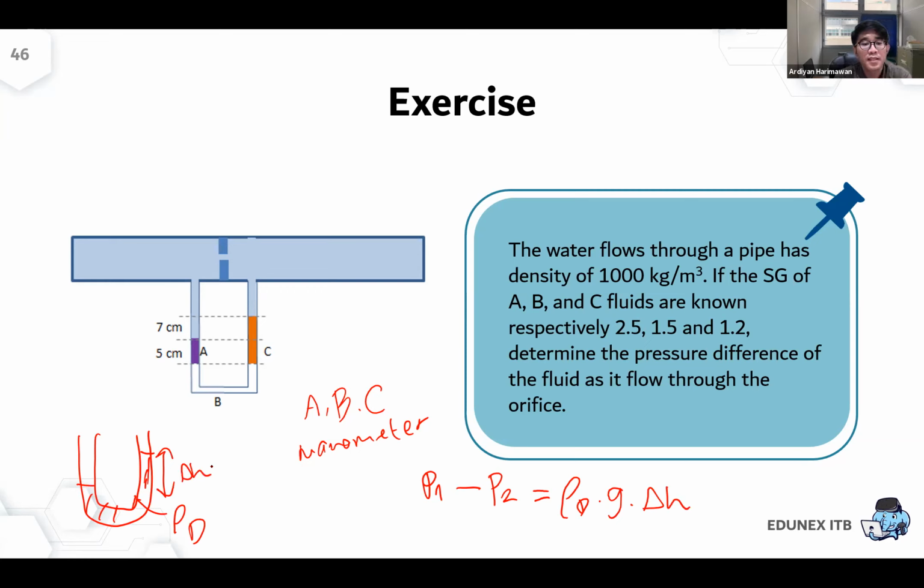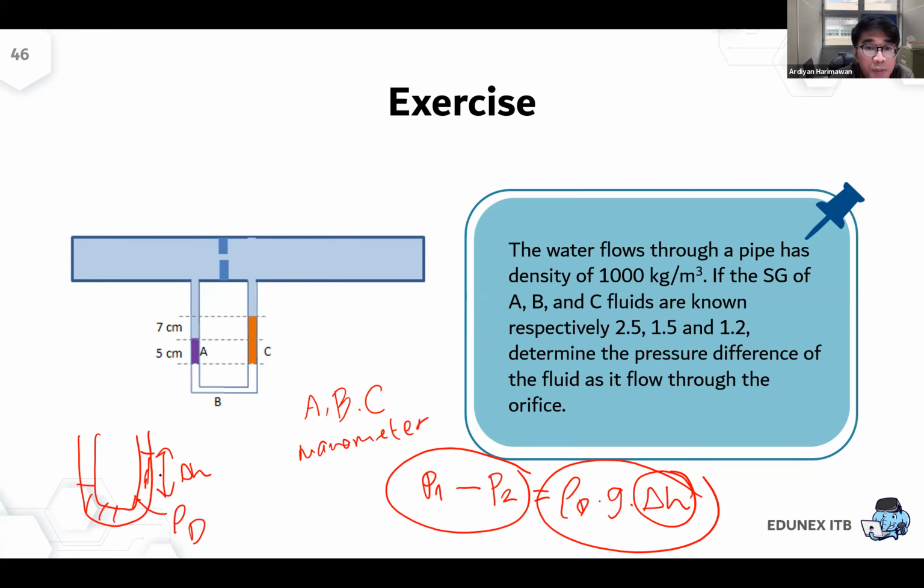Ya kan? This one. If you only memorize the equation, then you just go through this equation. Yeah, the pressure difference will be equal to the height difference between 2 legs of the manometers.